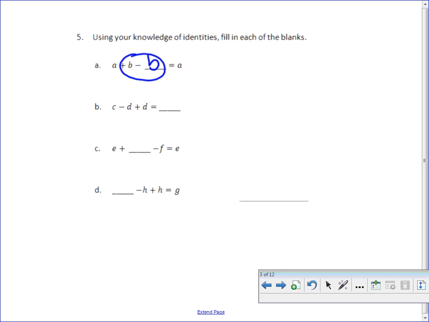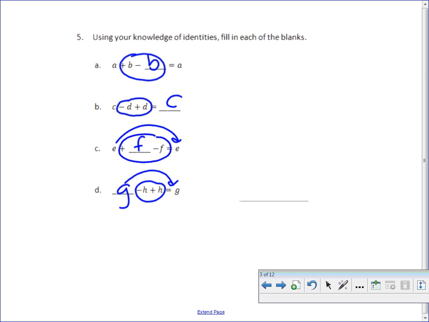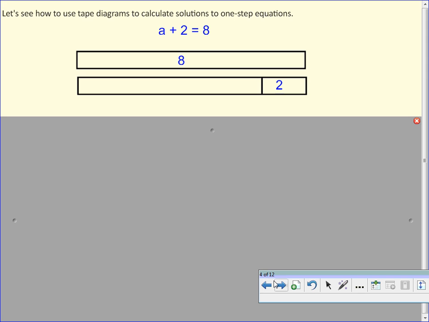If I have C, take away D, and then I put D back, I still have C. E plus what minus F would give us E? F. And then what minus H plus H equals G? G. So we were always able to get our identity back if we added and subtracted. We did the inverse operation, right? That's going to come back into play in today's lesson.